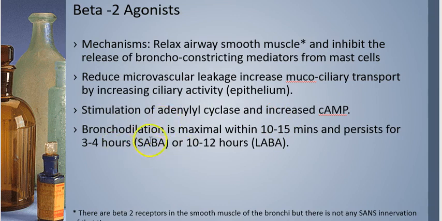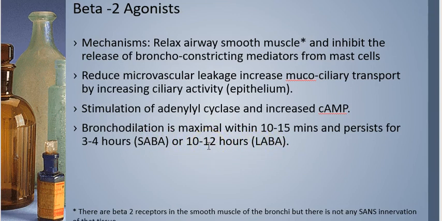And here you'll see bronchodilation within about 10 to 15 minutes of the inhalation of any of these drugs. And the clinical outcome is going to persist anywhere for 3 to 4 hours for the short-acting beta agonist, the SABA, or the much longer-acting beta agonist for 10 to 12 hours.